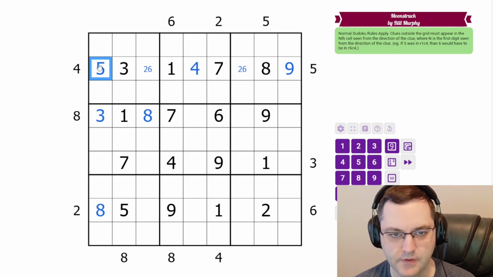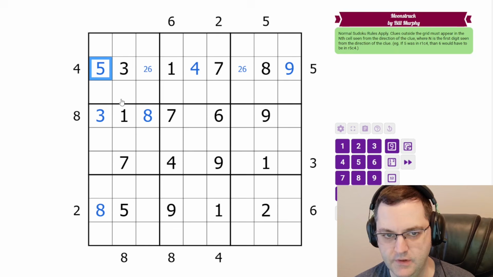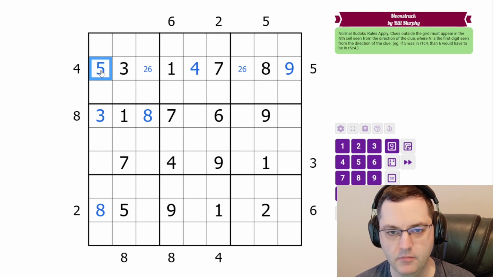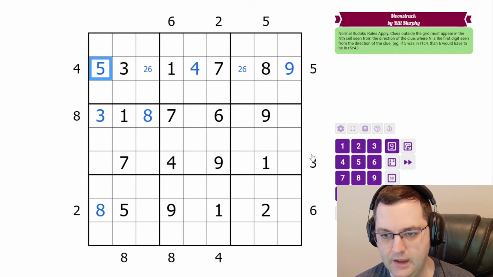So just as an aside, I mentioned these can't ever be 1. The only time you can have a 1 in the 1st cell away from clue is if the clue is 1. Otherwise you can't ever have 1 in the 1st cell. For the other digits, you can't have them in their own cell, I guess is how I would put it.